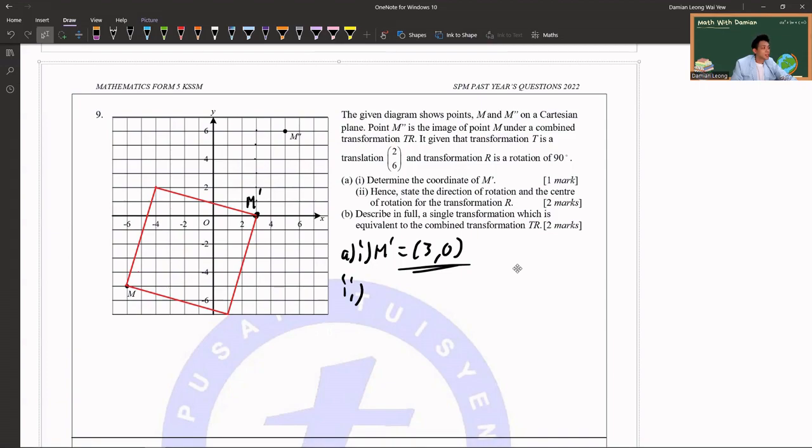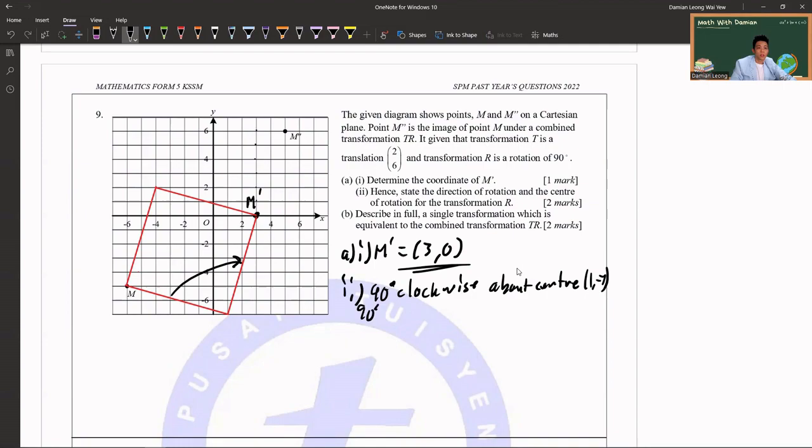So technically, there are two possible ways I can rotate this 90 degrees. It can be 90 degrees clockwise, follow the direction of clock, about center here, 1, -7.